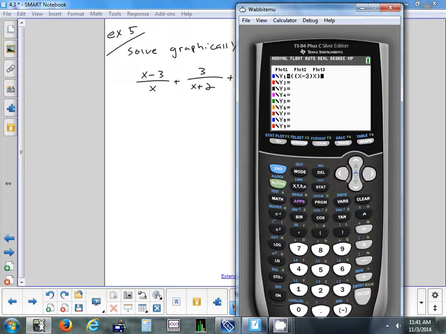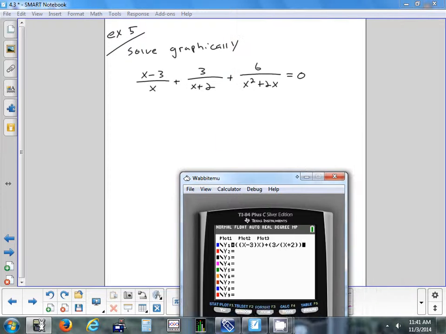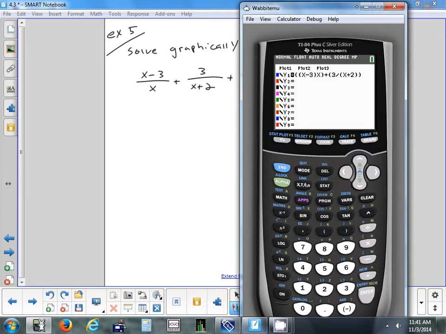Okay, so we'll do that first. Plus 3 divided by x plus 2. And then we'll do that. And then lastly, 6 divided by x squared plus 2x. And I'll put a parenthesis before that.